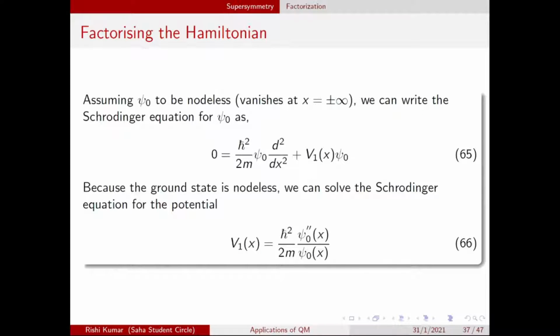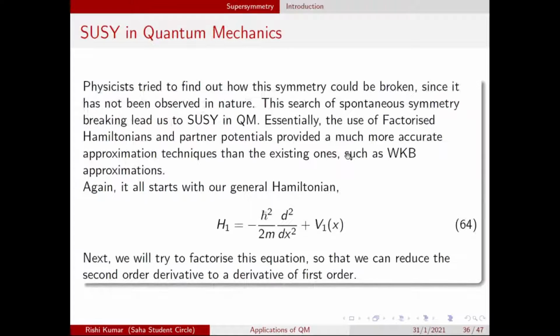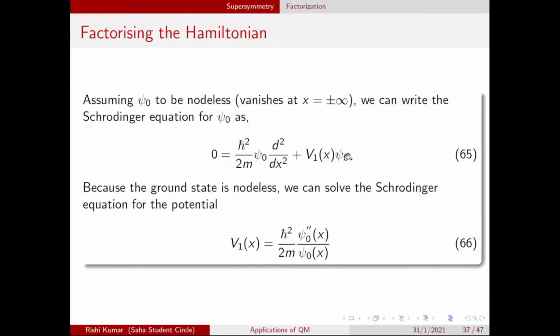Assuming the wave function psi naught in question to be nodeless, which essentially means it vanishes at x equals plus or minus infinity, we can write the Schrodinger equation for psi naught as equation 65 here, which is 0 equals minus h bar squared by 2m psi naught'' plus V1(x) psi naught, which is simply equation number 64 here.